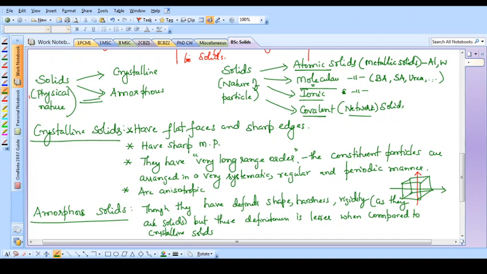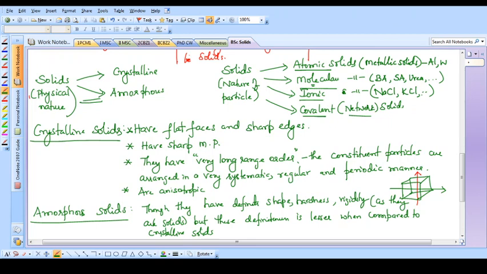Similarly, you can have ionic solids. What do you mean by ionic solids? The particles are ions. Such type of solids are called ionic solids. The best example you can give is crystals of sodium chloride, potassium chloride. All these crystals are made up of ions. They contain sodium ion, chloride ion, or potassium ion, chloride ion.